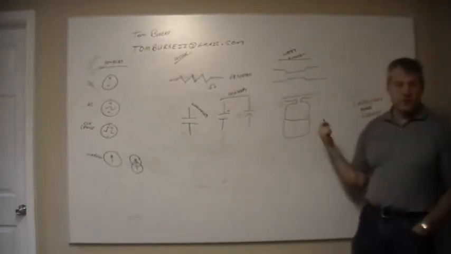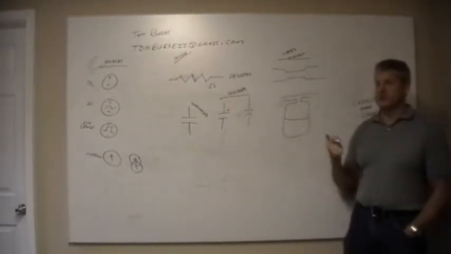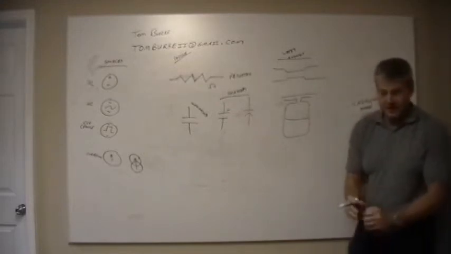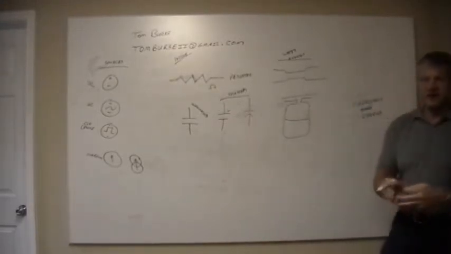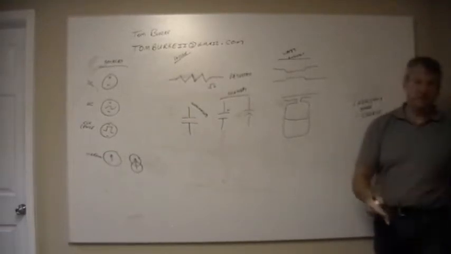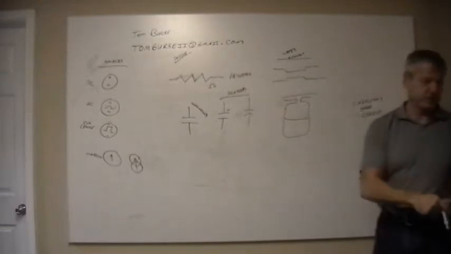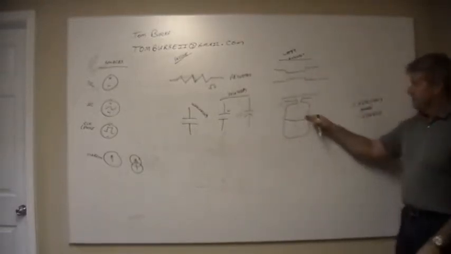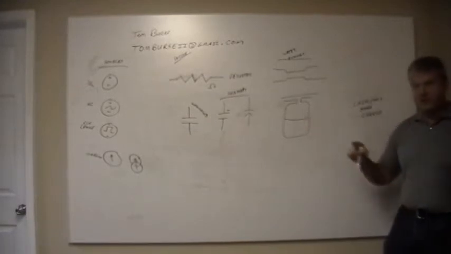So if you can imagine, a water balloon is a capacitor. It's a water capacitor. When you fill it up with water, you put pressure on it, right? It blows up. You tie it off and you walk off with it. And that water is under the same pressure it was when you put it in there, right? If I go and pop it next to you, it's going blam! It doesn't just pour on your lap, it blows all over the place, right? That's a capacitor. A water balloon is a capacitor.